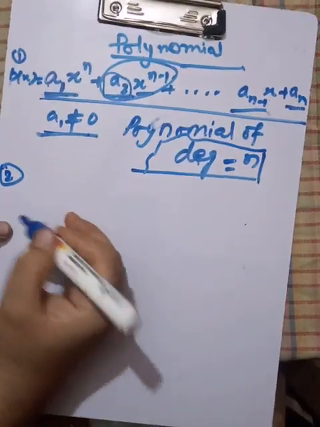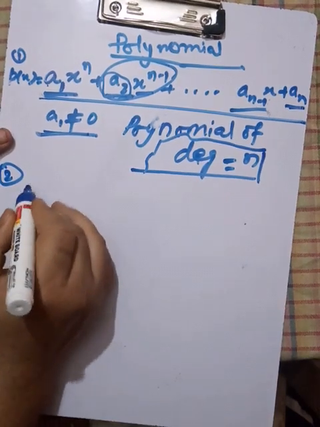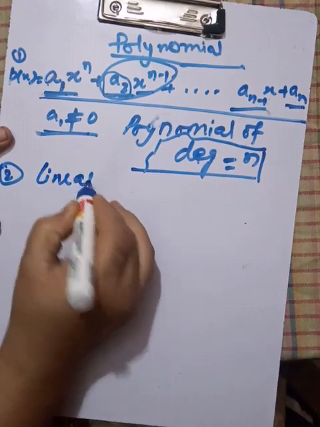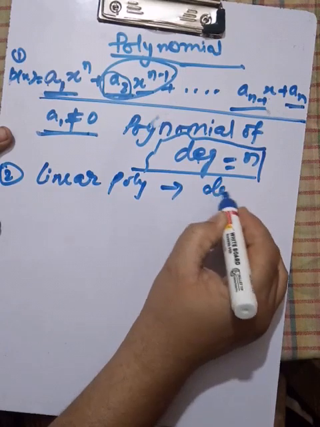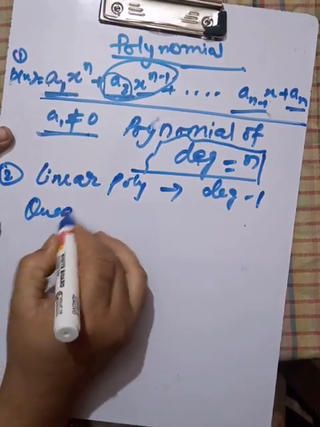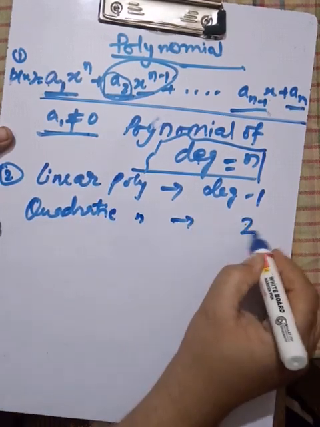And one more thing, the categories of polynomial. First is a linear polynomial. What is a linear polynomial? One whose degree is 1. A quadratic polynomial has degree 2.